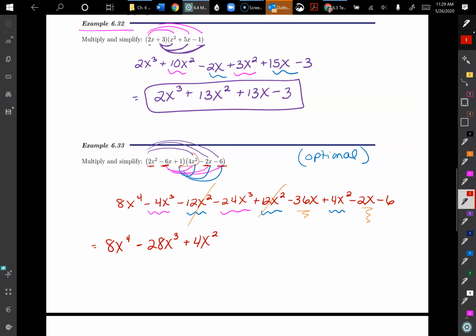Then I have minus 36x minus 2x, so that's going to be negative 38x. Then we have our minus 6. That's our answer.